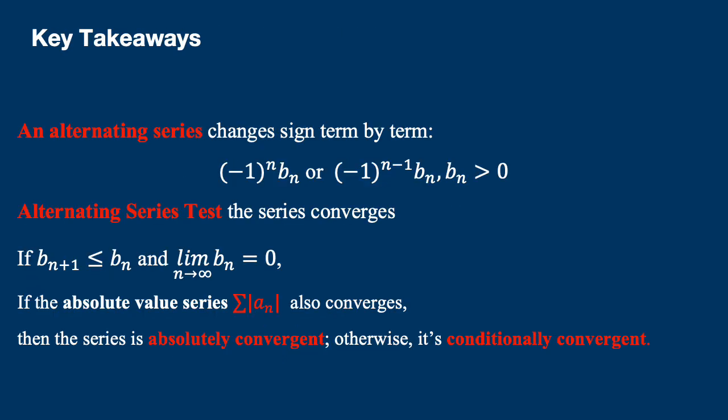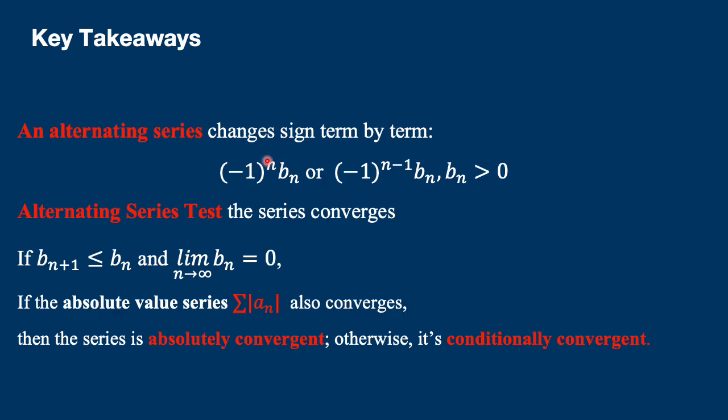What did you learn in this session? First, we recognize alternating series. Alternating series change sign term by term. So they have (-1)^n, but you have to find the (-1)^n term, because sometimes they don't show it. In that case, you expand the sigma and check.